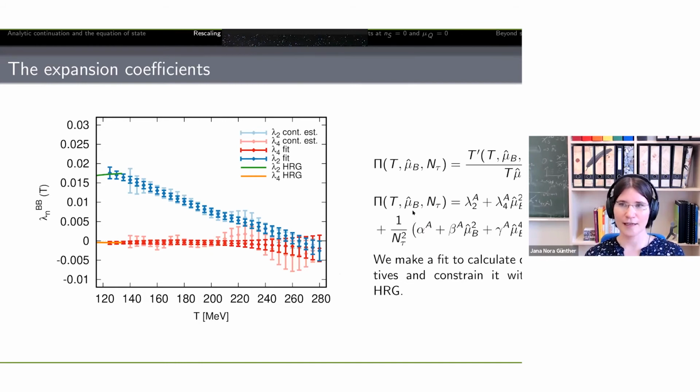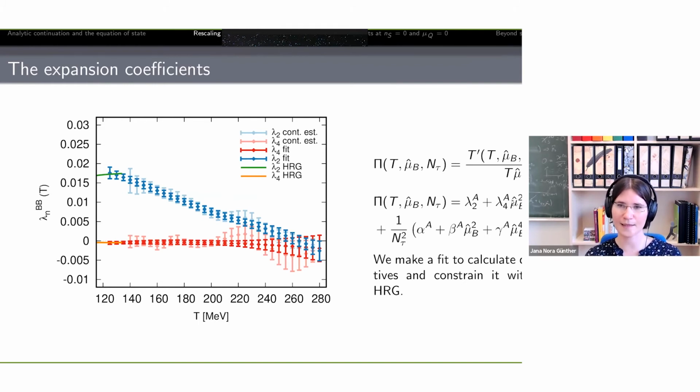Later on, to calculate different thermodynamic quantities, we will need a temperature derivative of these expansion coefficients lambda. That's why we also do a fit to them to do this temperature derivative. And on the left-hand side, we can actually constrain this fit with HRG data. Here in this formula, you see this generic A instead of the lambda BB for the baryon density, which is used here.